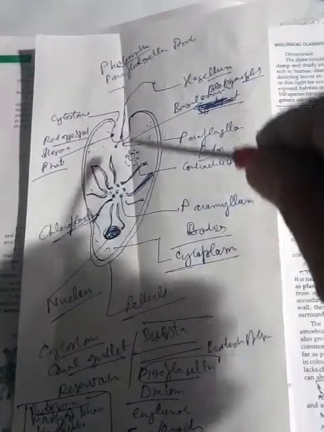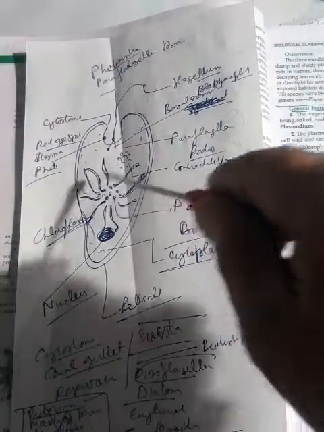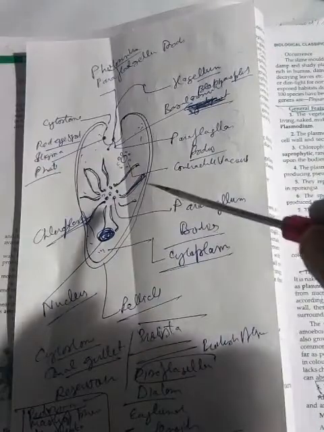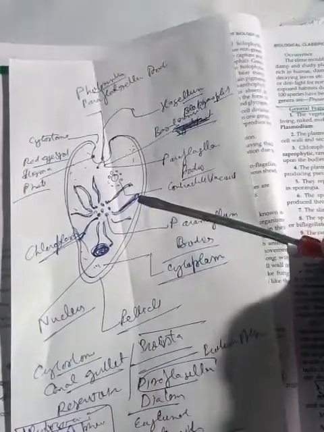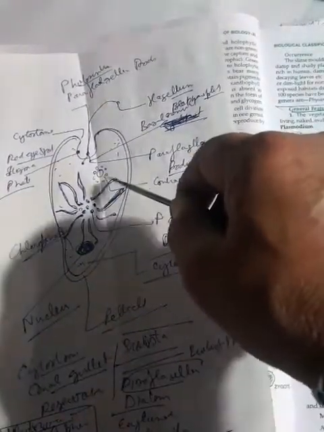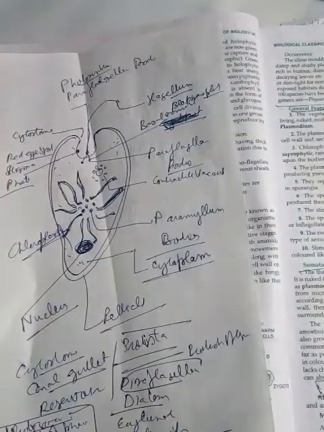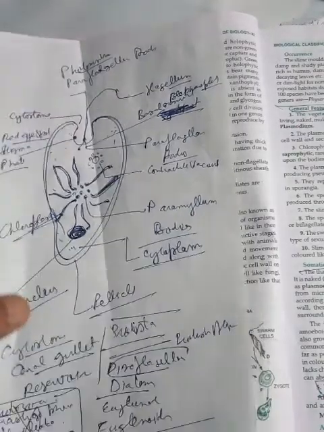It has flagella, photosynthetic pigment, nucleus at the base, and paramylum bodies as food. This is the paramylum body, and these are chloroplasts. These chloroplasts help in photosynthesis. Is it animal or plant? It has both plant characters and animal characters.